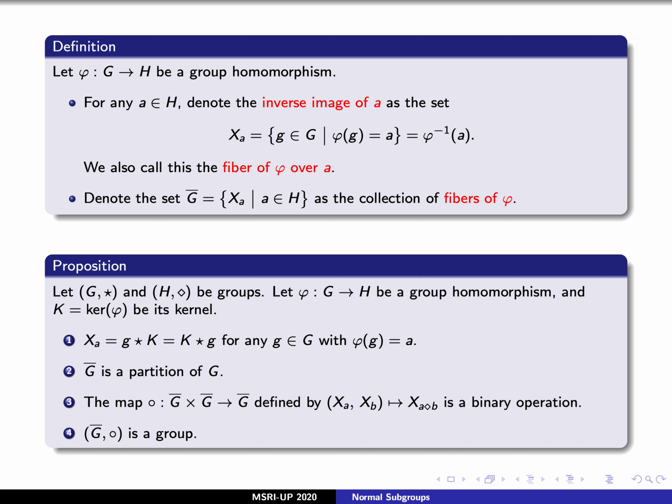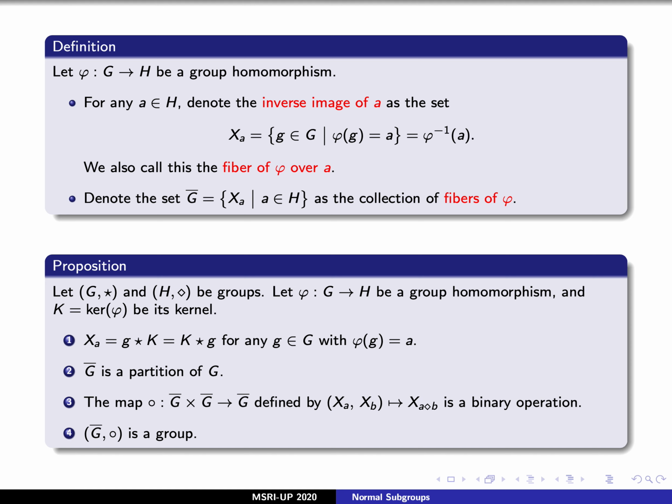Second, Ḡ forms a partition of G. That is, we can write G as a union over the fibers X_a, where the fibers themselves are disjoint. That is, there is no intersection between them. Third, we have a binary operation on the fibers of G. That is, if we consider elements X_a and X_b, where of course a and b are different elements from our codomain capital H, we can define the operation by simply looking at what happens with the fibers.